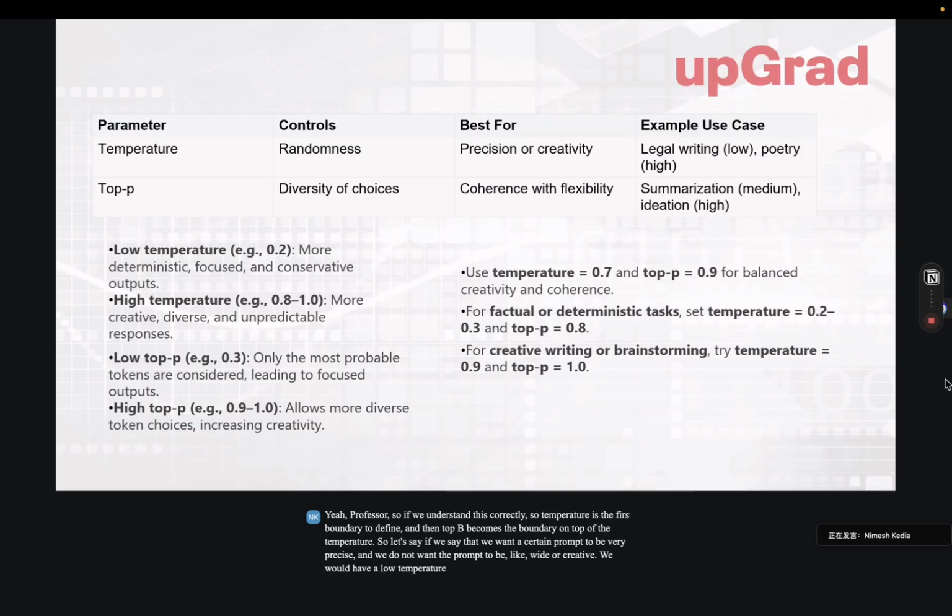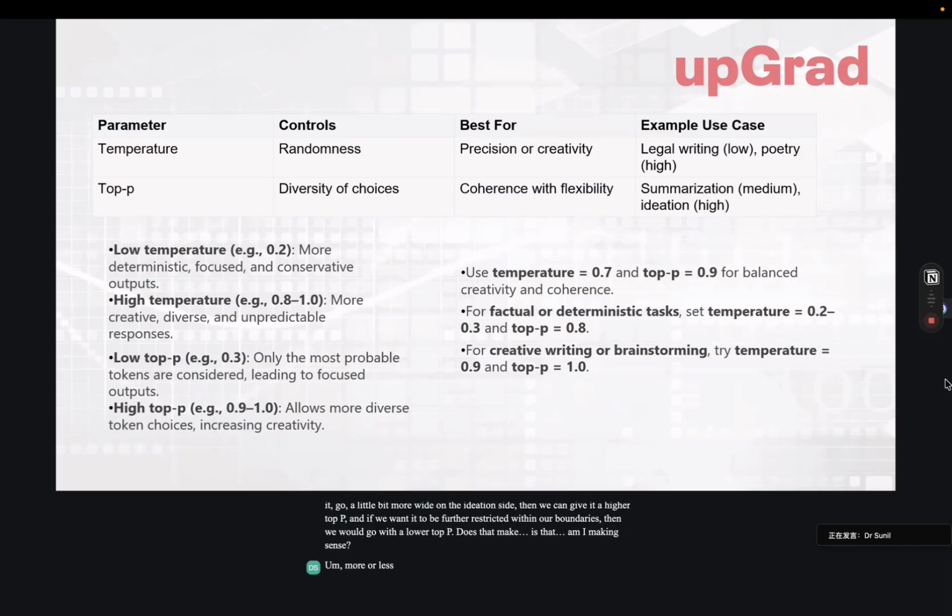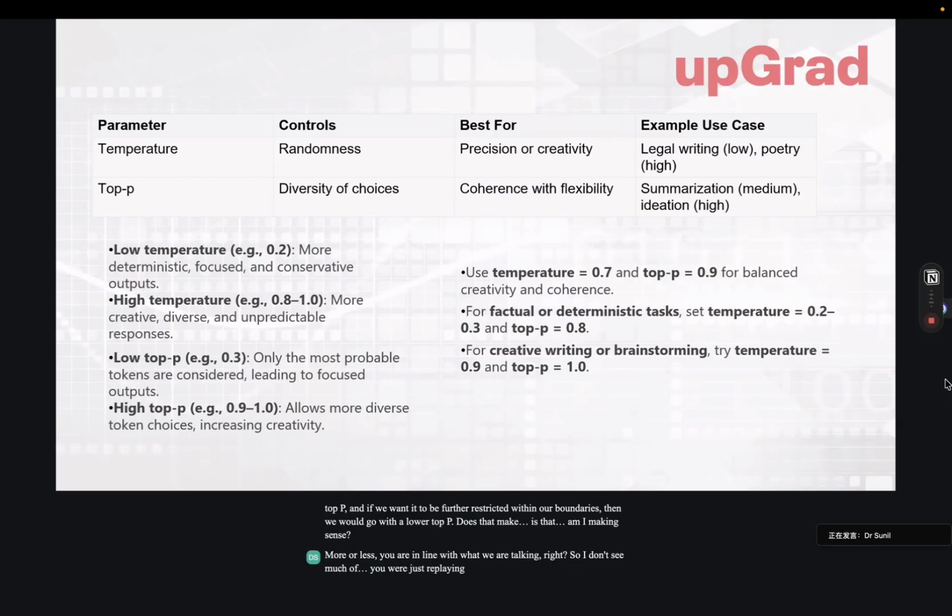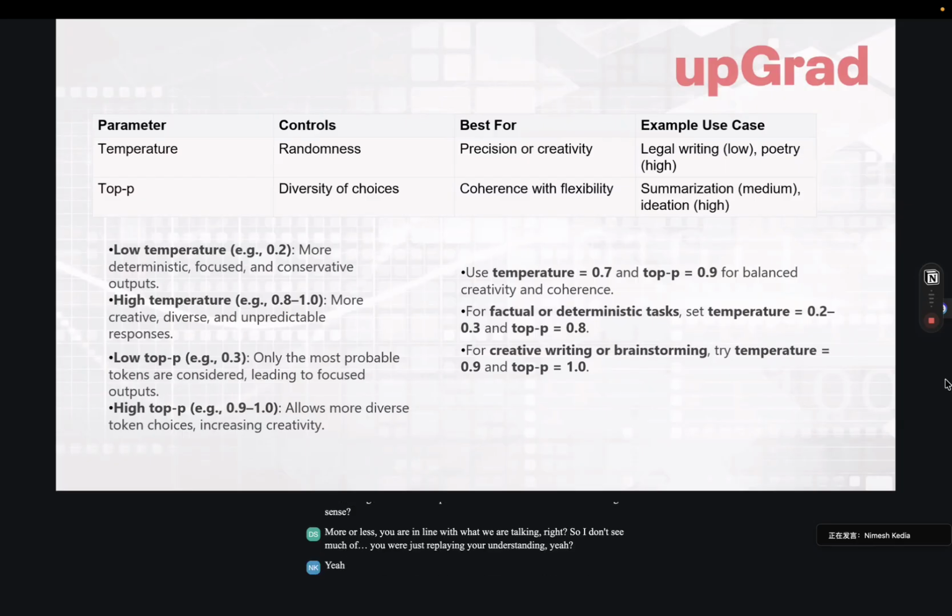And then from there, if we want to let it go a little more wide on the ideation side, we can give it a higher top P. And if we want it further restricted within our boundaries, we would go with a lower top P. Am I making sense? More or less, you are in line with what we are talking about. You were just replaying your understanding.